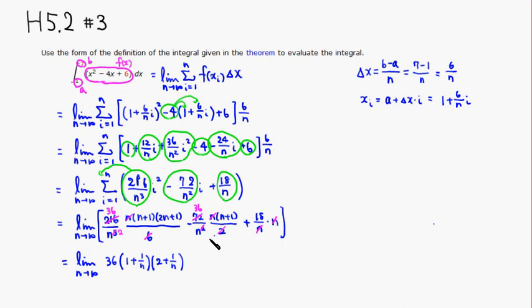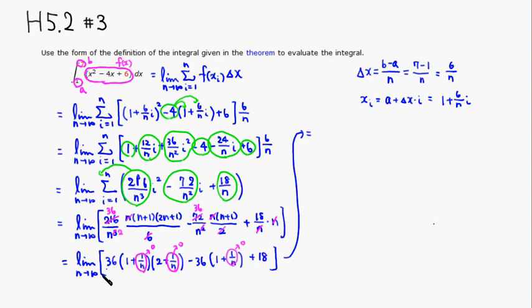Then here we have minus 36, and n divided by n is 1, 1 divided by n is 1 over n. This one is plus 18. Then you can see that there are a bunch of things that are going to 0. As n approaches infinity, this approaches 0, and this approaches 0, and also this approaches 0.